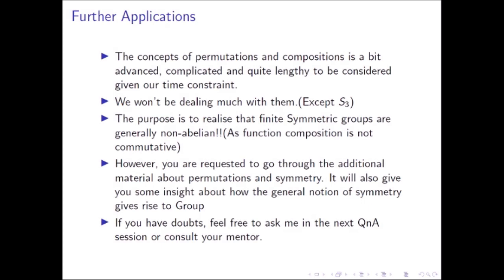By default, the infinite ones are non-abelian, and you can also show that all of the finite ones are non-abelian if you are interested. However, we'll be providing you with some materials regarding permutation and symmetry in the course and its subsets as well. So you go through them and do feel free to ask doubts in the Q&A session or consult your mentor.